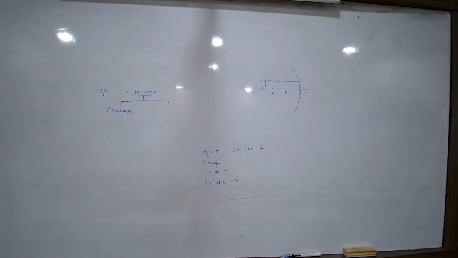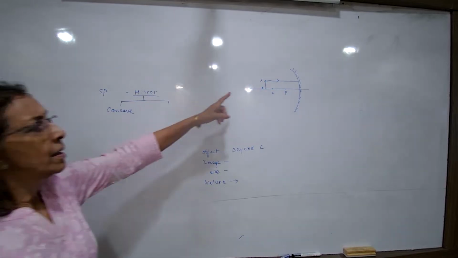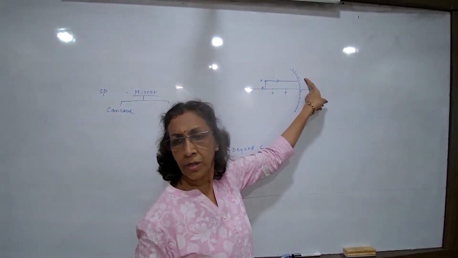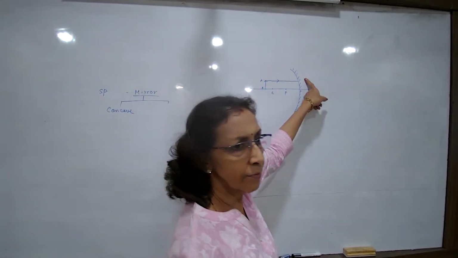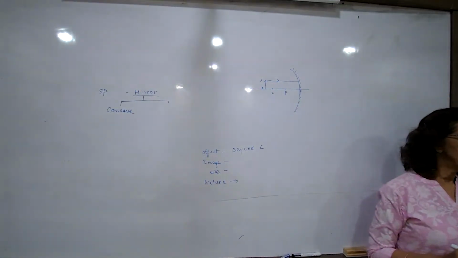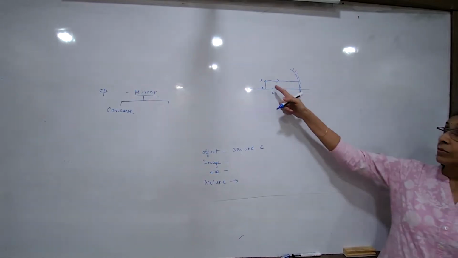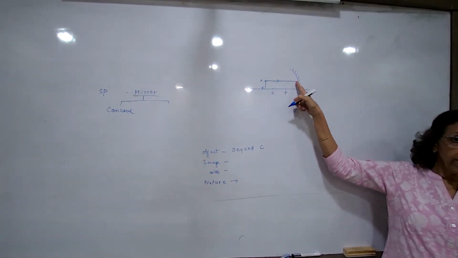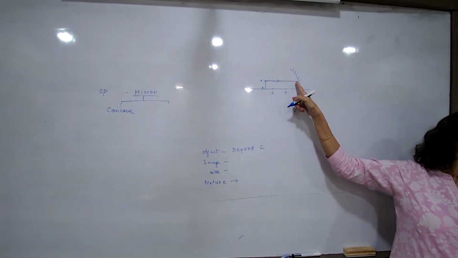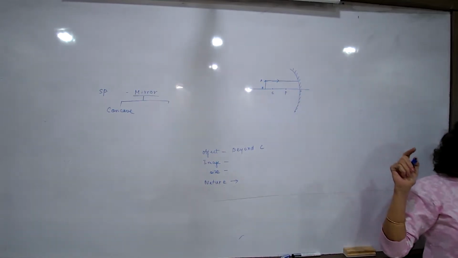Okay. So after it falls on the mirror, what happens? It's getting reflected. Where will that ray pass? Now this ray is the incident ray. I've drawn only one ray. Where will it pass? Through the focus. I'm not asking about the image.